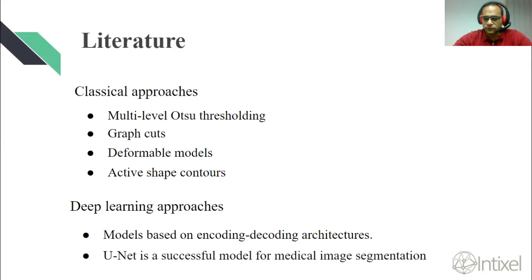UNET is one of these models, and it is a very successful model for medical image segmentation. However, in multiple studies, it was noted that when segmenting the apical slices, the model performance degrades a lot compared to basal and mid. So it lacks the ability to overcome size variability between slices.